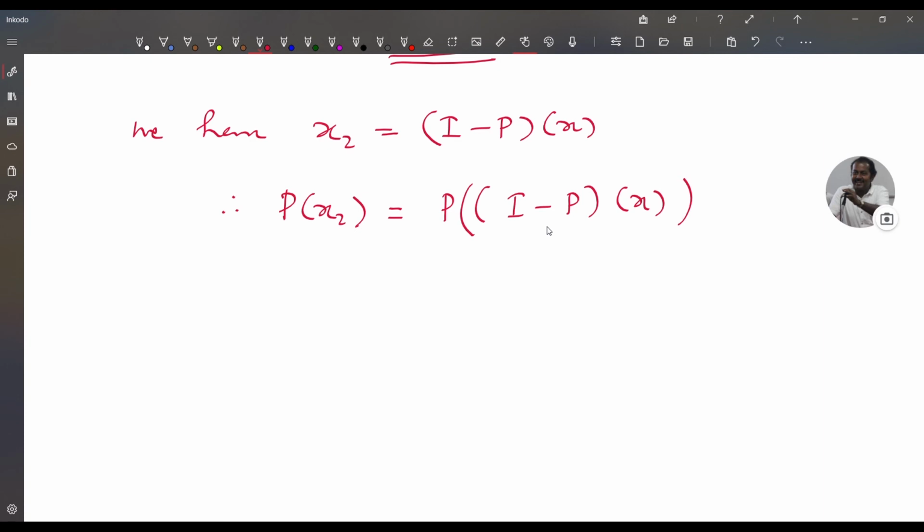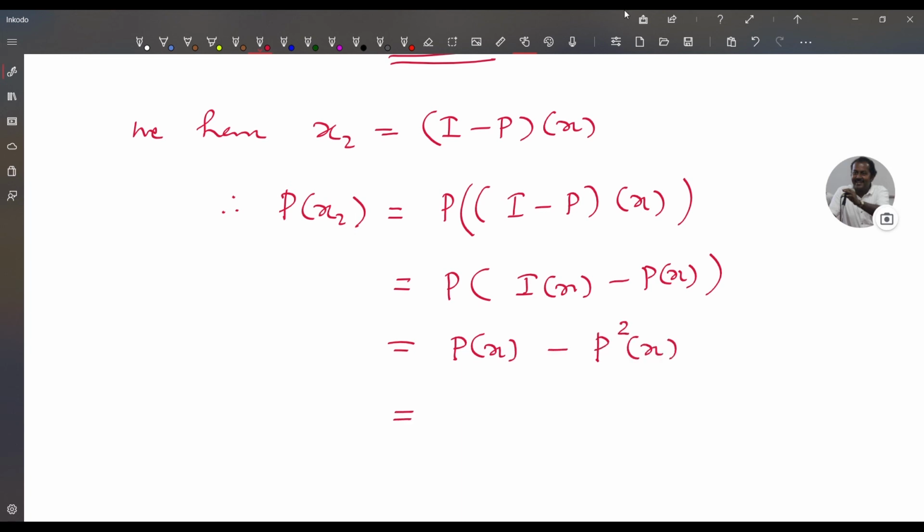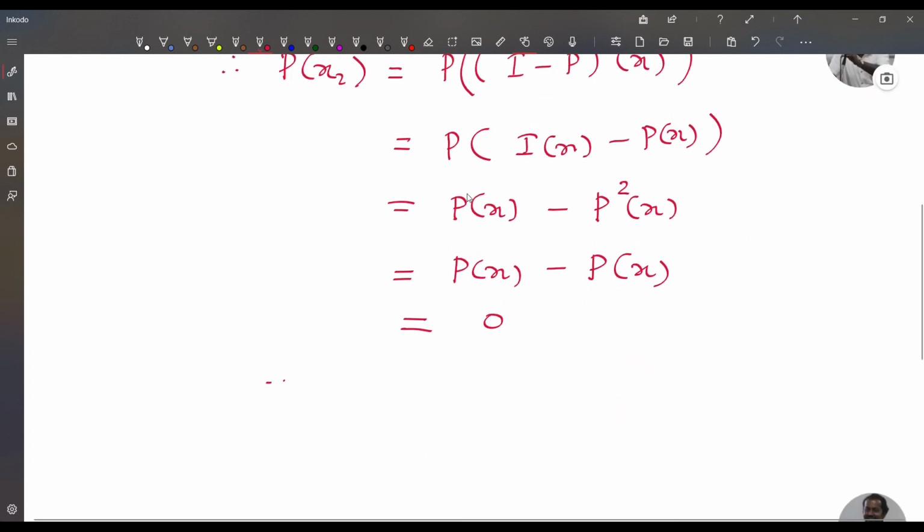So this is P of I of x minus P of x. So this is P of x minus P square of x. So this is equal to P of x minus P of x, since P square of x is P of x since P is a projection. So this is equal to 0. Therefore, x2 belongs to the 0 space of P.